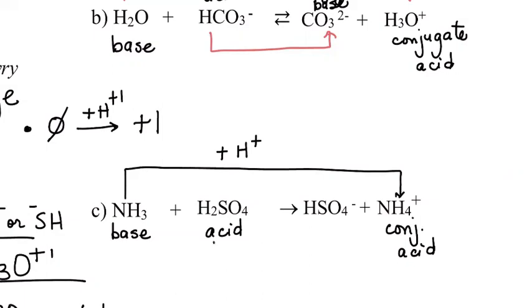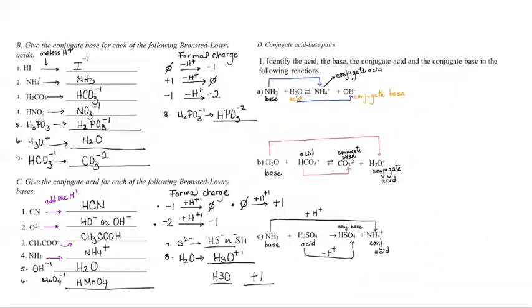So when this acid loses, so minus H+, when it loses a proton, then it creates a conjugate base. Any questions about Bronsted-Lowry conjugate acids and base pairs?